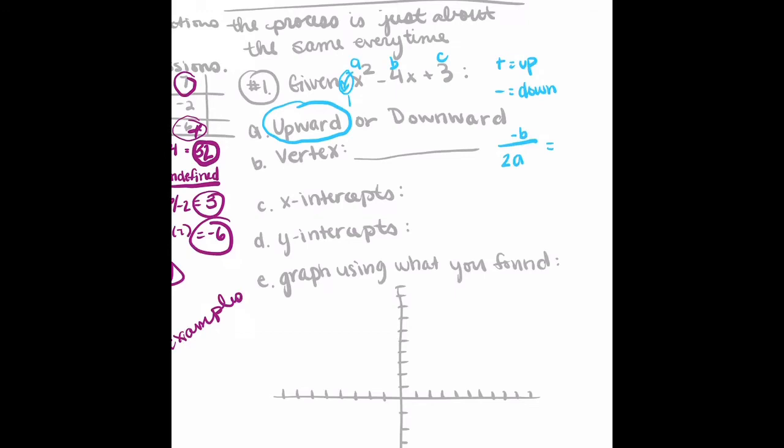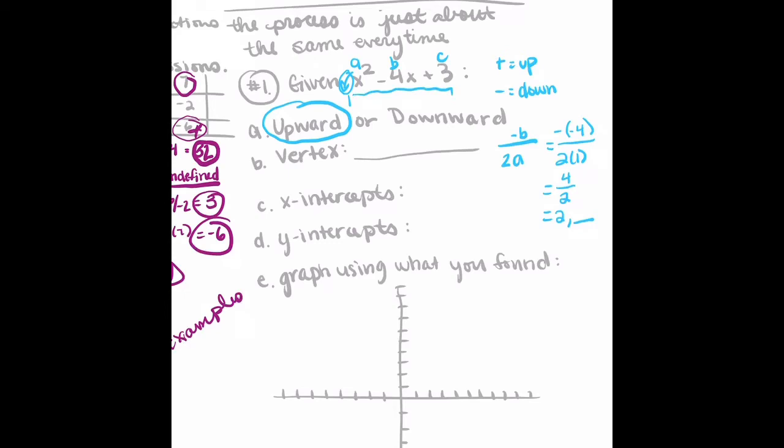So we have negative of negative 4 all over 2 times 1, which equals 4 over 2. So our vertex is at 2 comma something. And so we need to plug our 2 into our original function to get our y-coordinate.